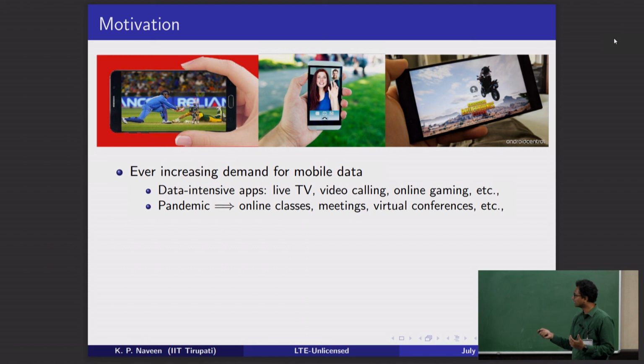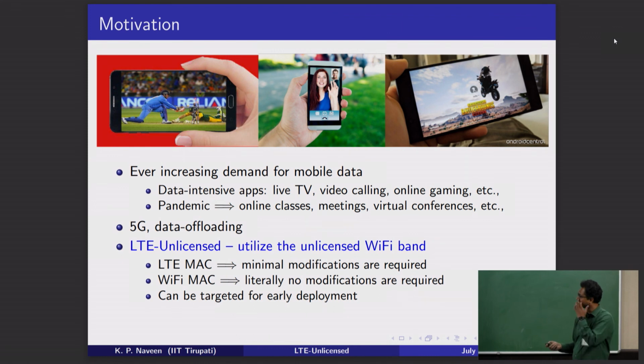There's live TV, and live gaming is also very popular. So we recognize that there is huge demand for mobile data, and there are some solutions. People are already working on 5G deployment, so you can increase the throughput directly by deploying 5G. There are other techniques also, like data offloading, but the technique we were interested in is referred to as LTE unlicensed.